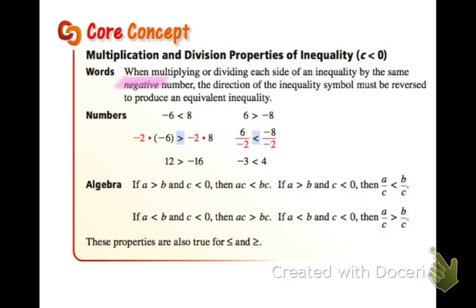If you multiply both sides of that inequality by a negative 2, 12 is greater than negative 16 because we've reversed the direction, or right here. Notice the difference right here between these two. Okay? So the reversal has to take place in order to maintain a true inequality.